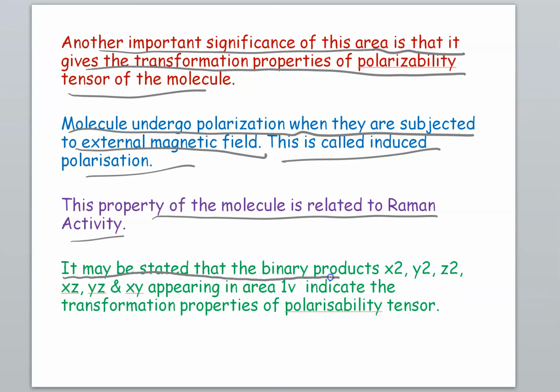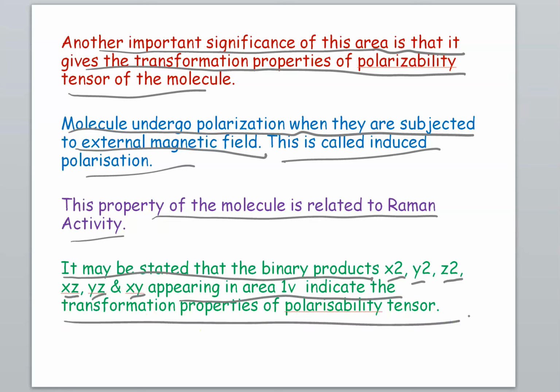It may be stated that the binary products x square, y square, z square, and xz, yz, and xy appearing in area 4 indicate the transformation properties of the polarizability tensor, and from these properties we can predict the Raman activity of the molecule. So area 4 is very important for Raman activity. Area 3 is very important for IR activity. We will discuss the applications of group theory later.